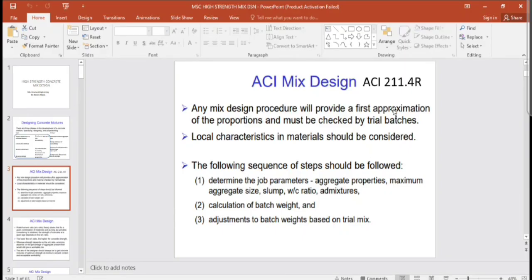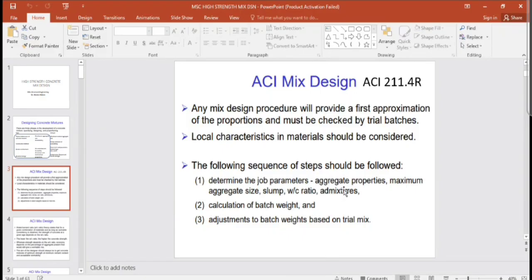You go for any mix design, then you go for the trials based on the local characteristics of the material, and then you get the final mixture. What are the major steps you follow in the mix design? The first part is you measure the job parameters, in which you have aggregate properties, maximum size of aggregate, your slump must be defined, and water to cement ratio must be approximately there.